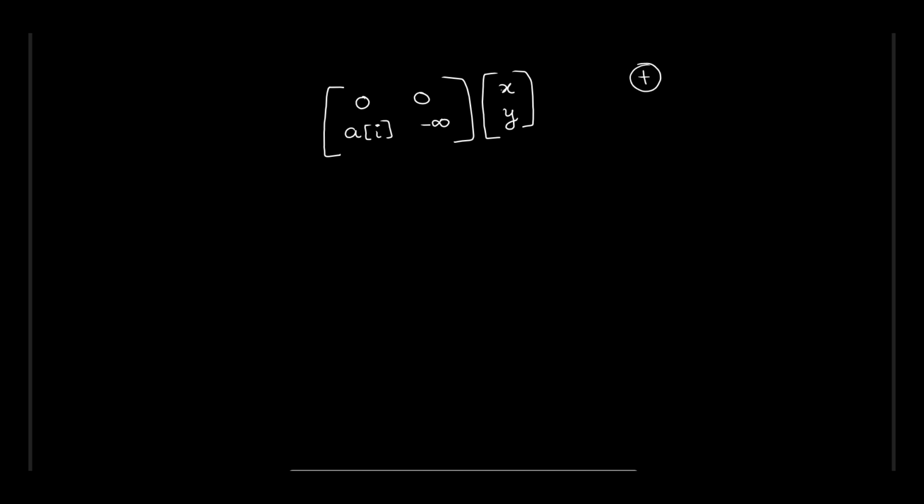So 0 dot x, and just so that we aren't confused, I'll write it down explicitly like so: 0 dot x plus 0 dot y, and plus basically means max of 0 dot x, comma 0 dot y.